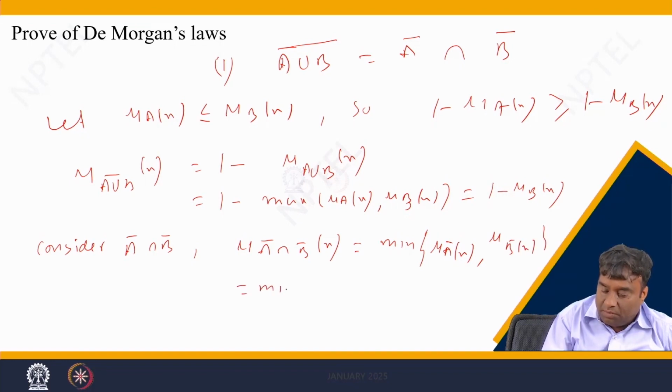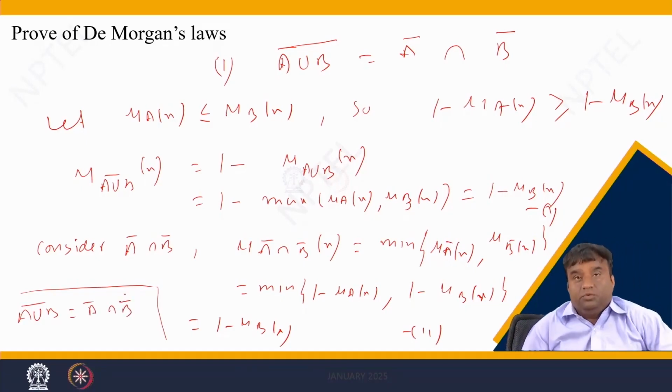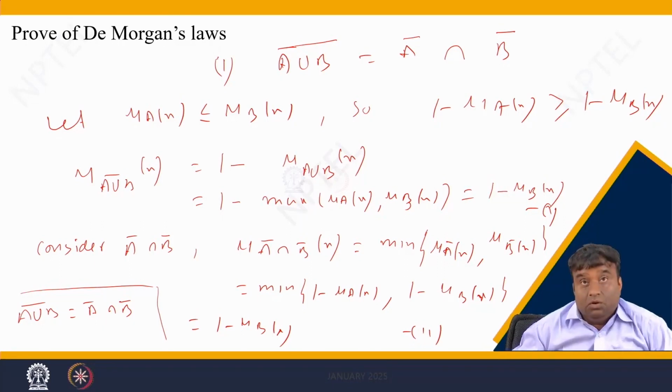That is the minimum of 1 minus mu A(x) and 1 minus mu B(x). Now 1 minus mu B(x) is the smaller one, so it is 1 minus mu B(x). So you can assume this is 1, this is 2. From 1 and 2 we prove these things. Similarly, you can prove the other De Morgan's law.